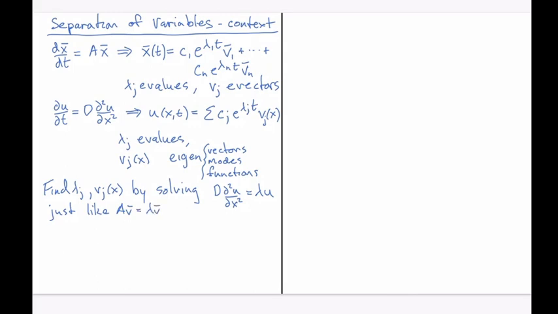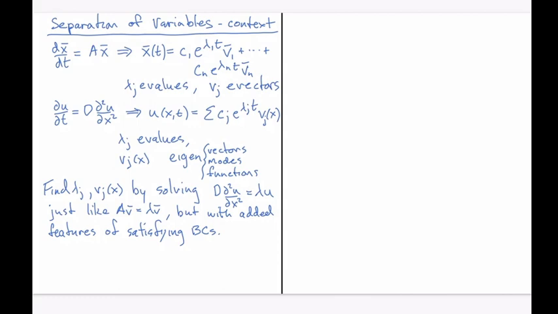But we have the added feature of having to satisfy boundary conditions because this is a PDE. Okay, so this is really similar, except we're now dealing with functions instead of vectors, but the calculations really run in a very similar way.